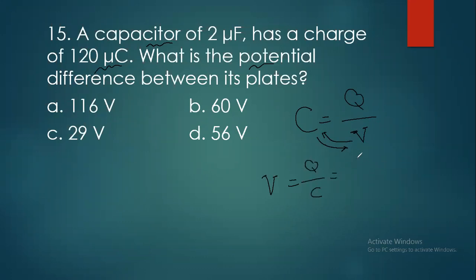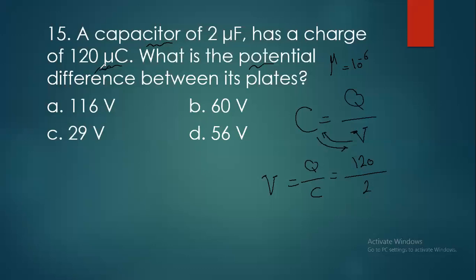Which is going to be 120 over 2. Now someone might ask, teacher, what about this one, micro? Well, micro is a prefix which means 10 to the power of -6 of the value. So this brings us to the consistency, like I said before.